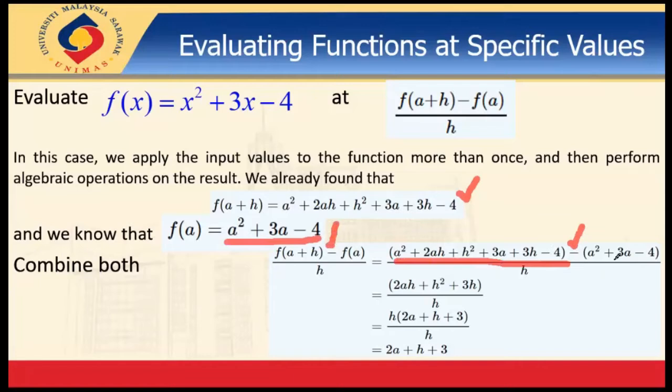But in mathematics, remember that this minus will be in a bracket. Don't make this mistake. So this minus, then bracket, then a square plus 3a minus 4. This minus will multiply to the a, so the a will become minus a.